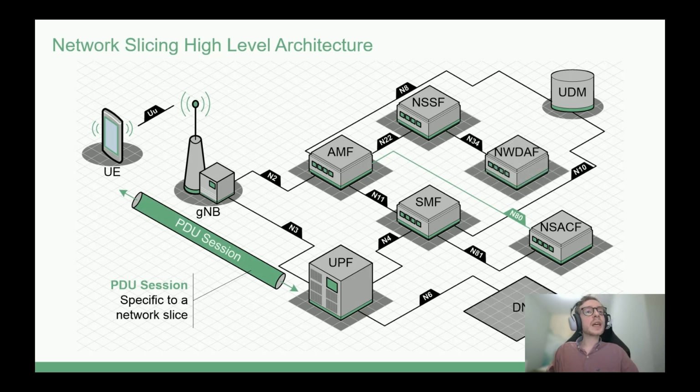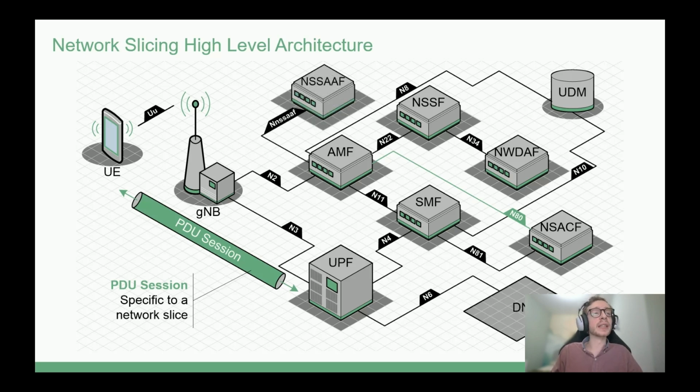Now, although the NWDAF is not network slice specific, it allows other network functions within the core and also external application functions to query the core to identify if that service level agreement is being met, or identify if there are any issues with the network slice which has been provisioned. And so it's extremely powerful when it comes to network slicing, as we can have specific granularity surrounding data about one specific slice.